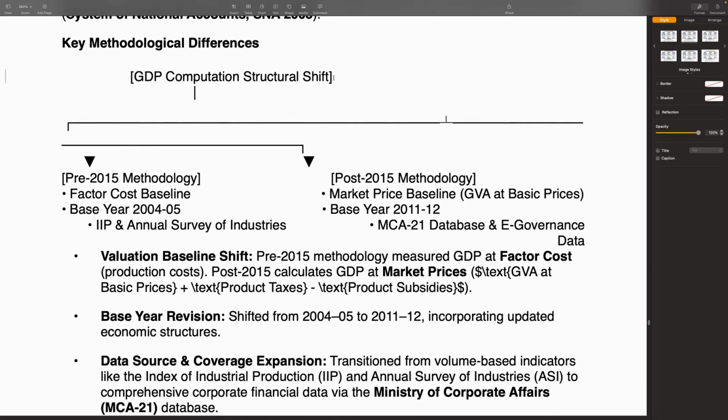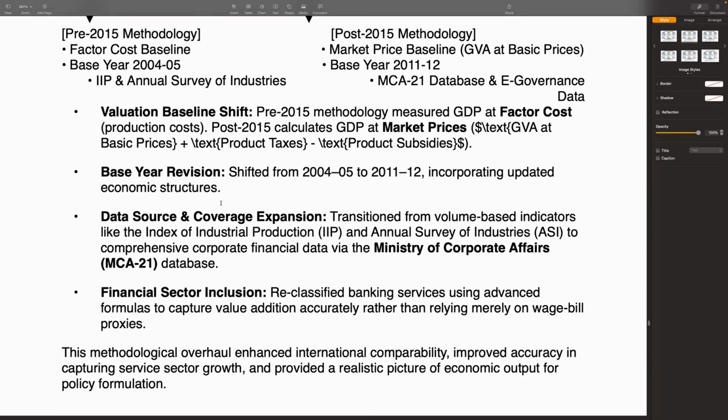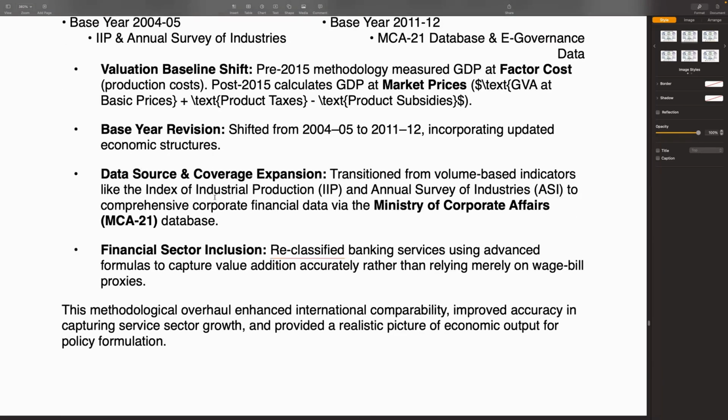GDP computation structural shift: pre-2015 methodology and post-2015 methodology. You can see factor cost baseline with base year 2004-05, and base year 2011-12 with market price baseline. Valuation baseline shift: pre-2015 methodology measured GDP at factor cost, production cost. Post-2015 calculates GDP at market price, that is GVA at basic price.